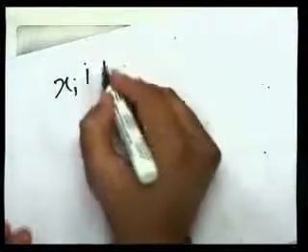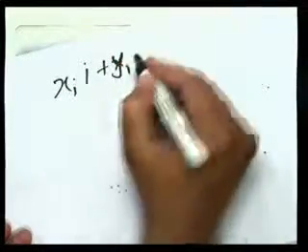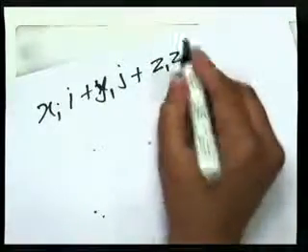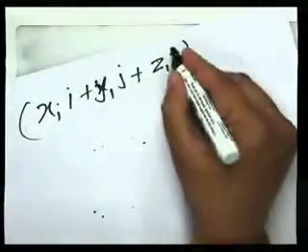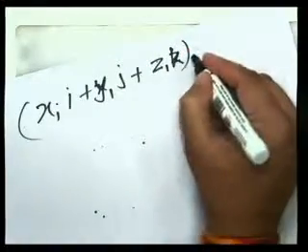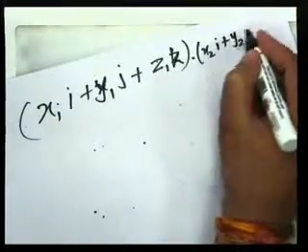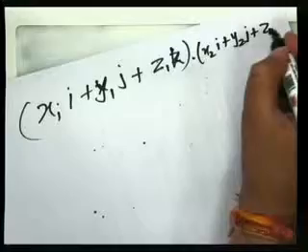So now I am writing here x1i plus y1j plus z1k dot x2i plus y2j plus z2k.